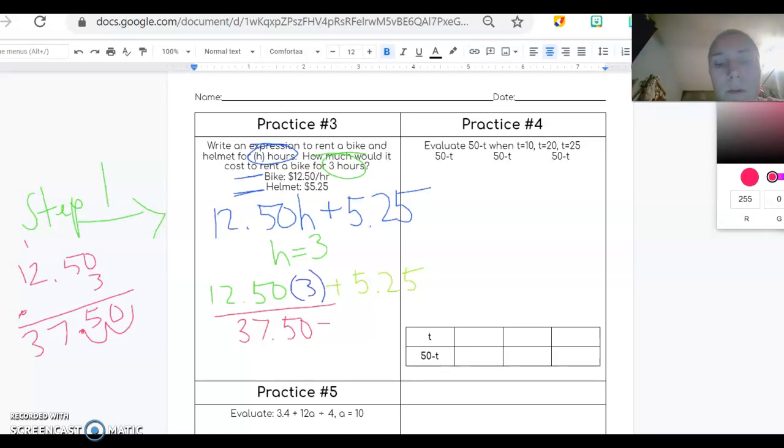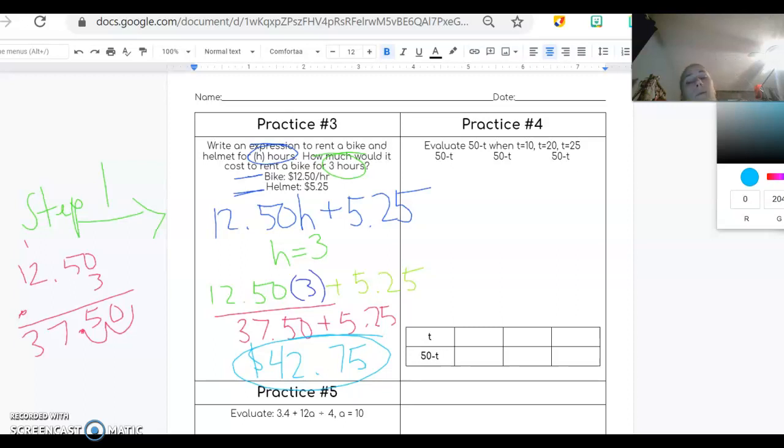But then we also have to bring down our 5.25. And when we add those together, we get $42.75. Make sure we have that label of dollars, okay? That's important also when we're solving word problems. So that's our final answer for practice number 3.